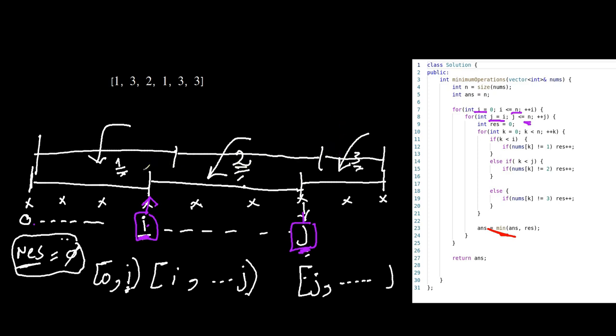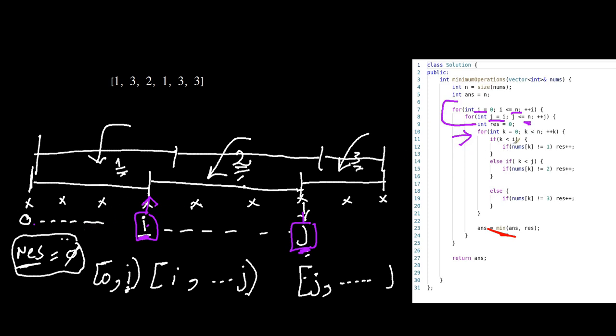That means we need two loops to control the length of these segments, and we need another loop to check whether the value meets the condition.